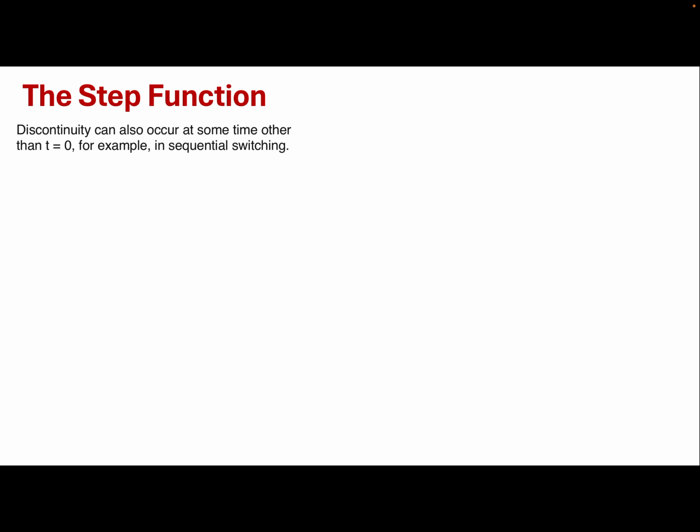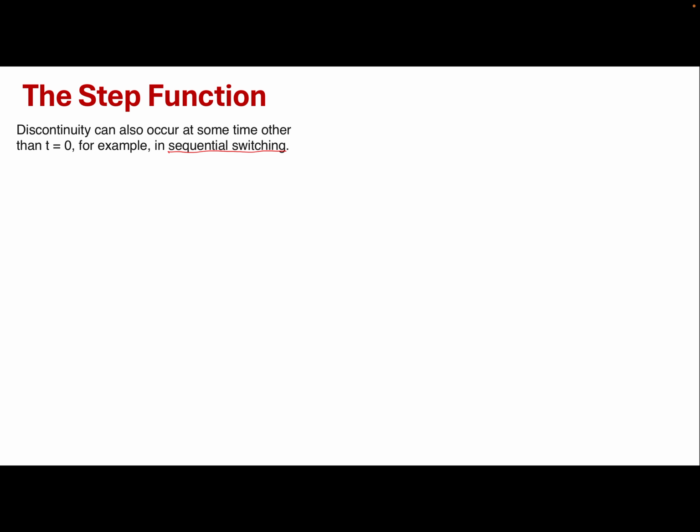But where we had multiple switches and we were switching one switch before the other, we also said that the second switch is happening after some time, so it has some positive time after t equal to 0. So if switching represents a discontinuity, discontinuities can happen in our circuit analysis at other positive times which are not t equal to 0, right? For example, the sequential switching that we also discussed as an example previously.